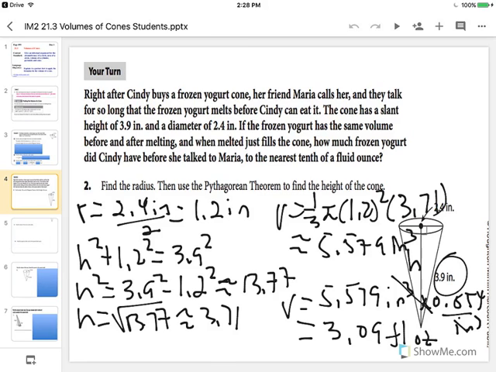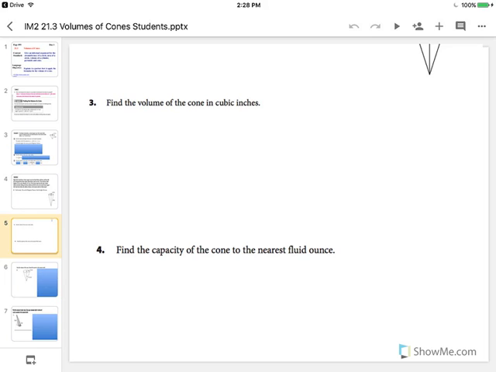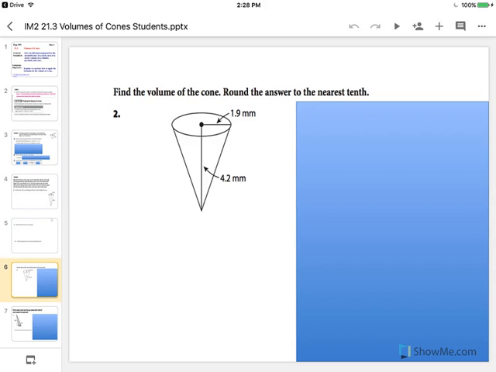Okay, so let's go on to the next one. So that takes care of step 3 and step 4. Right? Okay, so for number 2, find the volume of the cone, round to the nearest tenths. So here we are already given the radius, and the height is given already. So we use the formula V equals 1/3 pi r squared times the height.